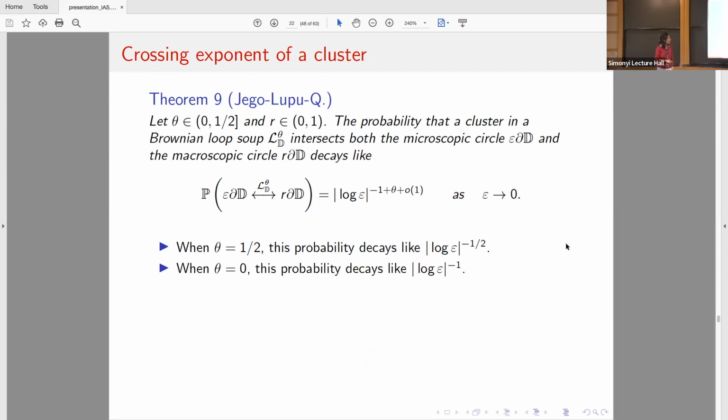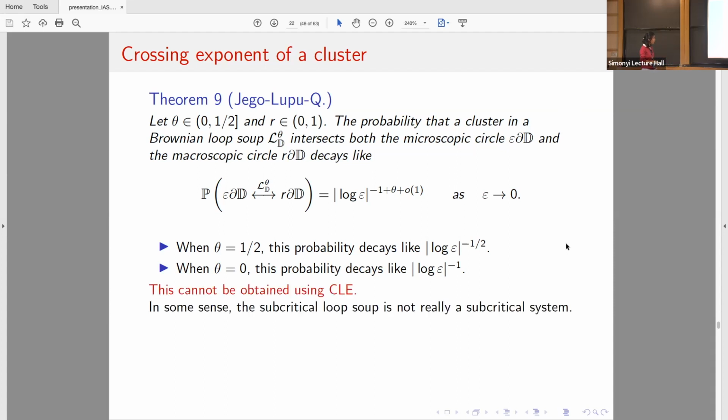As you see, when theta equals 1/2, this probability decays like log epsilon to the power of -1/2. This was already known. And when theta equals 0, this probability decays like log epsilon to the power of -1. This was already known for one Brownian motion. So this is an interpolation between one Brownian motion and the Brownian loop soup of critical intensity.